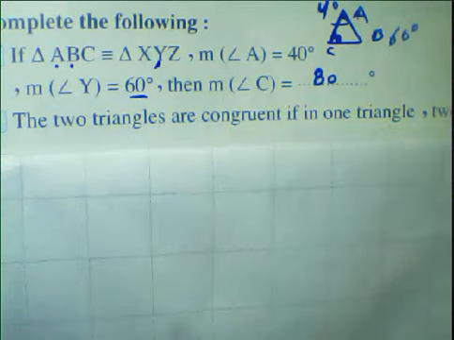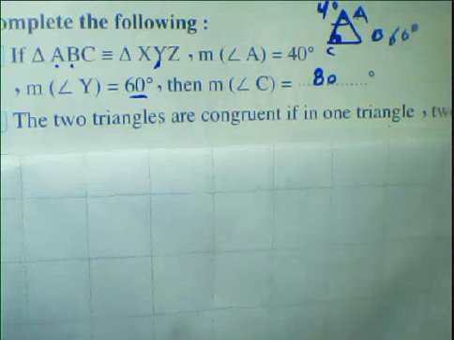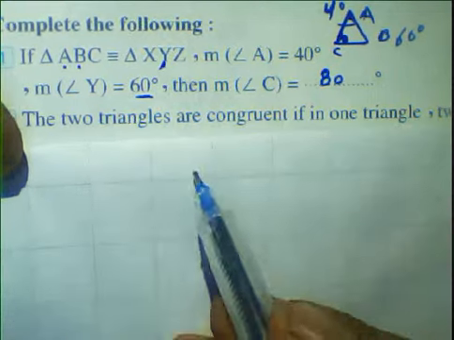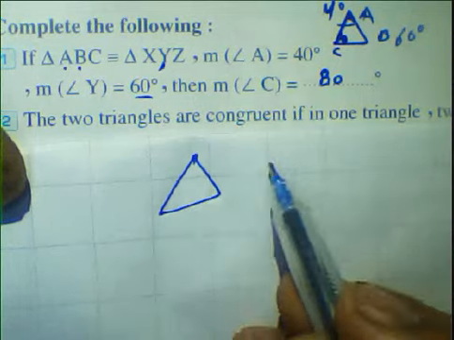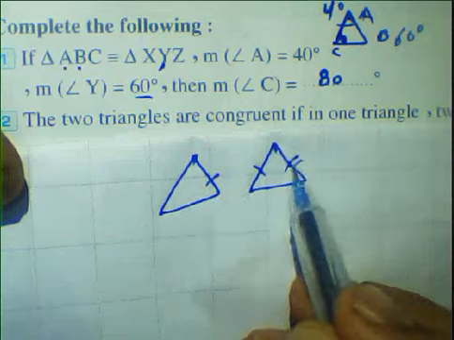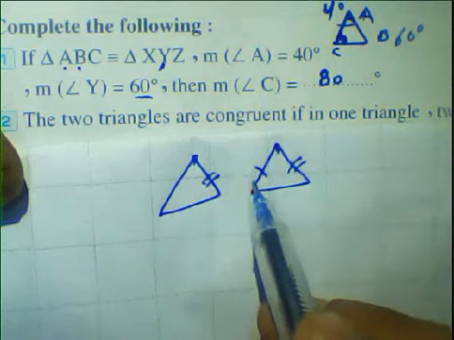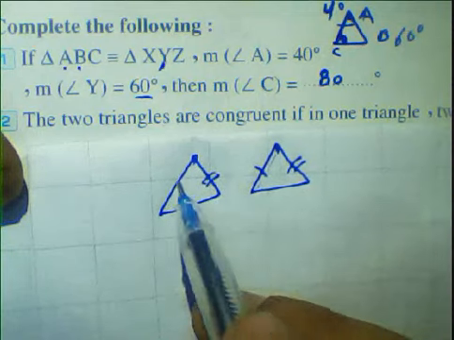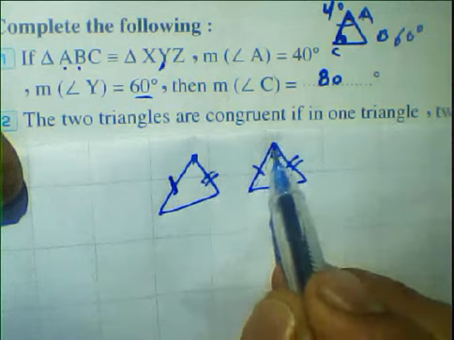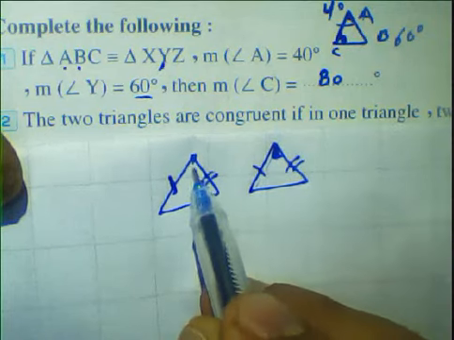And he asked about the first case: two sides and the included angle of one triangle are congruent to the corresponding parts of the other triangle. We have the first triangle here and the second triangle. We have two sides equal in length and the next side equal, and the measure of the angle at the vertex, the included angle, equal to the included angle.